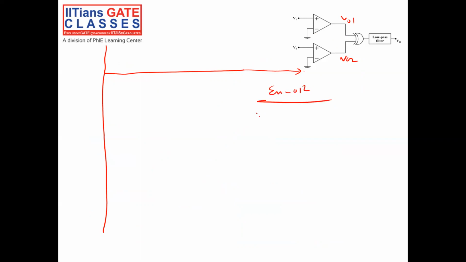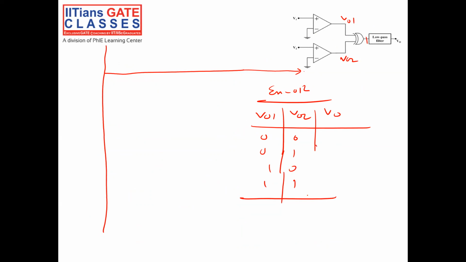XOR of V01, V02 is the output V out. V out will be equal to 0, 1, 1, 0 for the inputs 00, 01, 10, 11. So the output will be 1 only when one input is 1. Either V01 is 1 or V02 is 1, output will be 1. This is my XOR output.